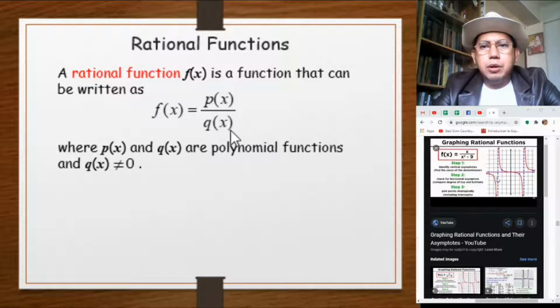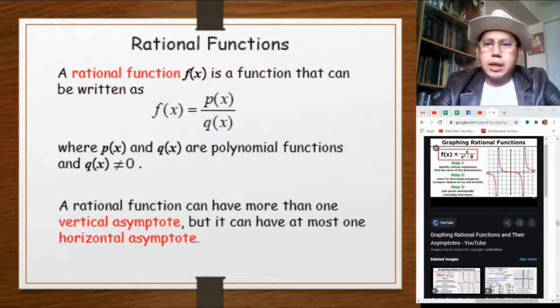And remember the limitation of our denominator, where q of x should not be 0. Remember, a rational function can have more than one vertical asymptote, but it can have at most one horizontal asymptote.